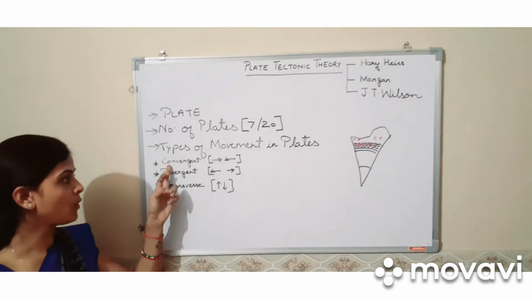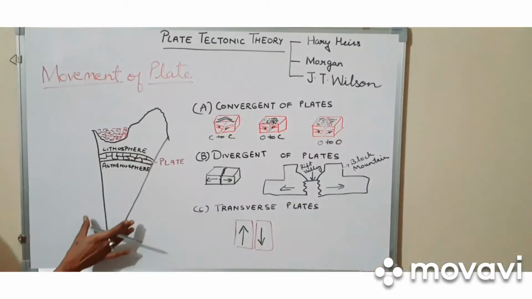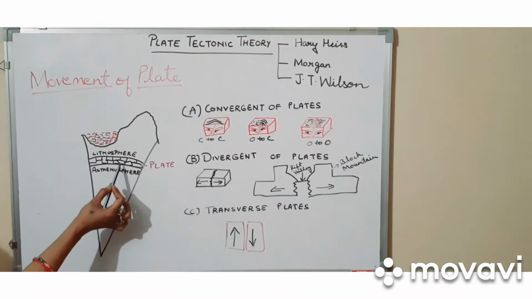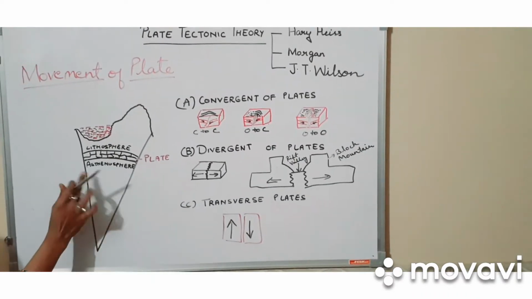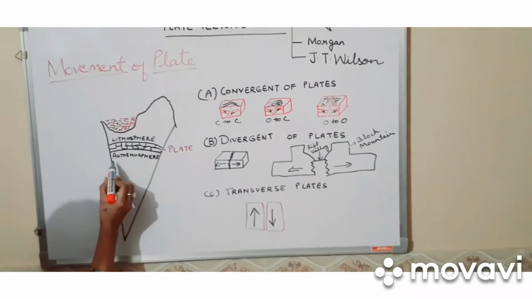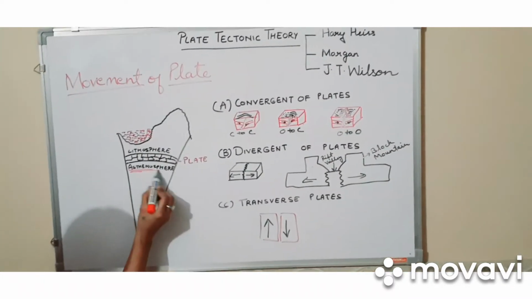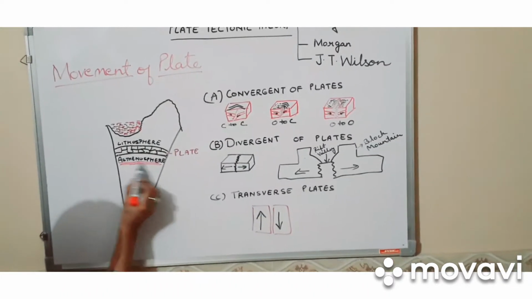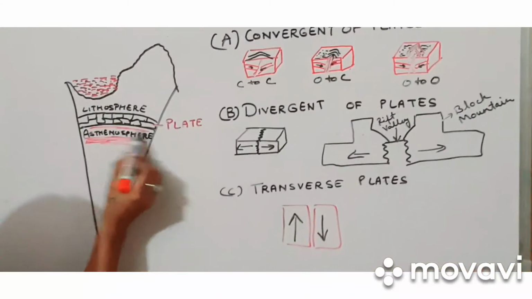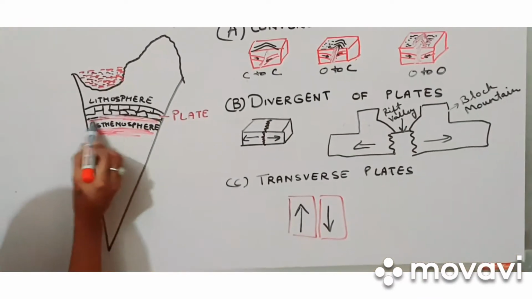Let's see how convergence occurs. You can see easily that plates are located on the asthenosphere. In the asthenosphere, radioactive substances are found. In this region, hot molten magma is found because of radioactive substances. This whole region is in liquid form.